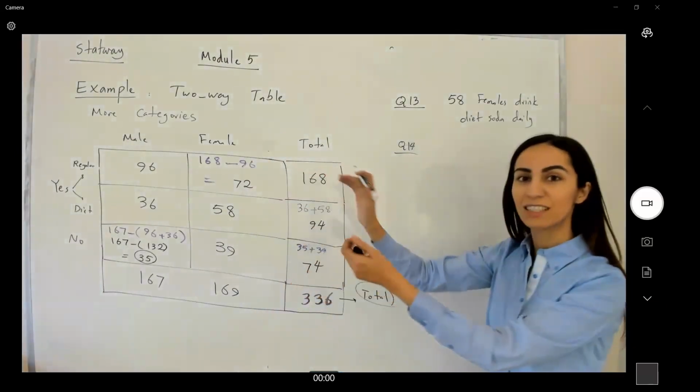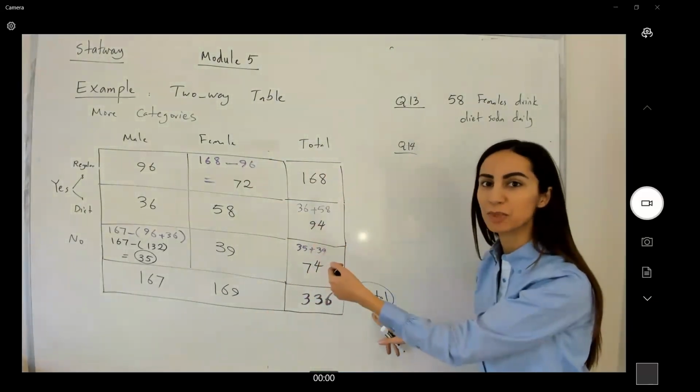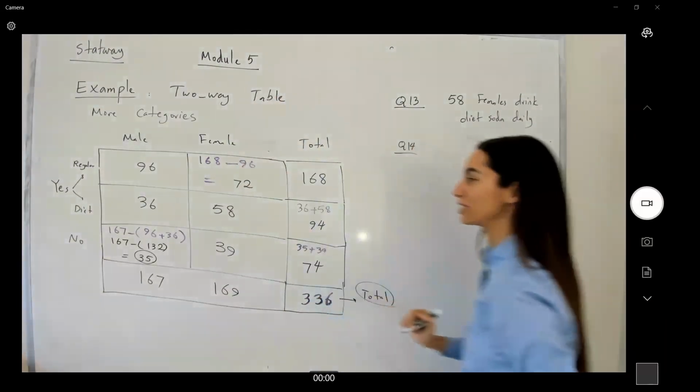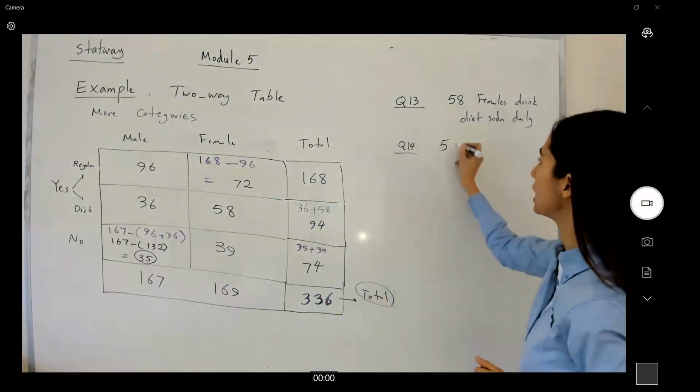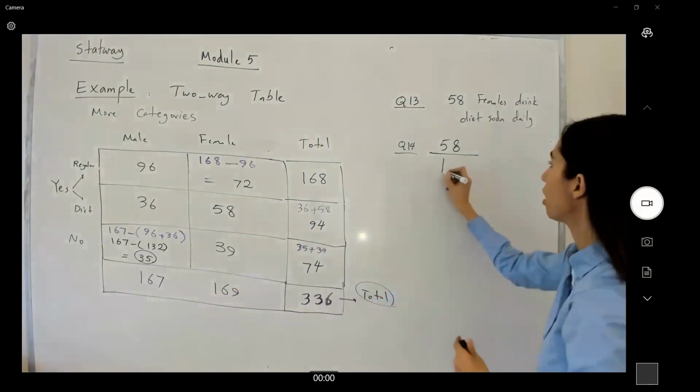We don't calculate this out of the total male and female. Our focus is just on the female category. So it's going to be 58 out of 169.